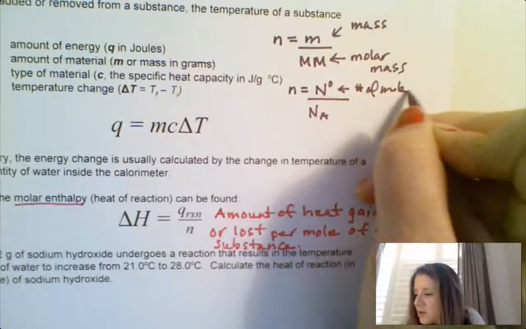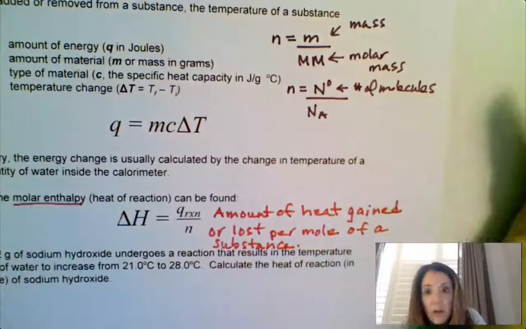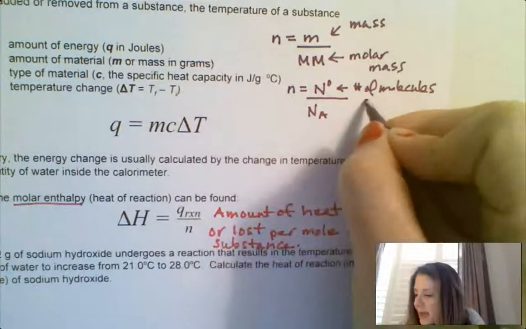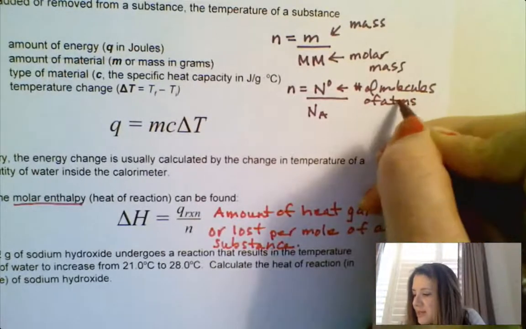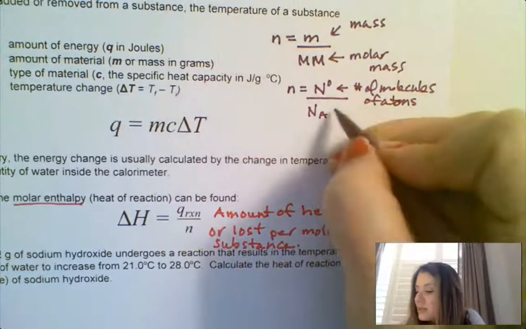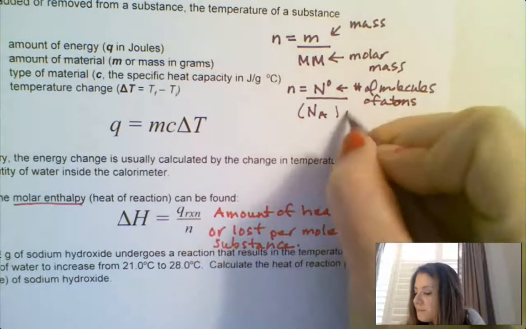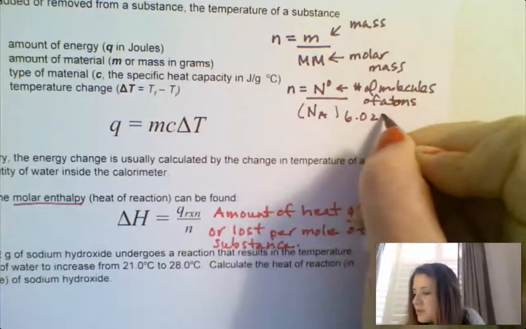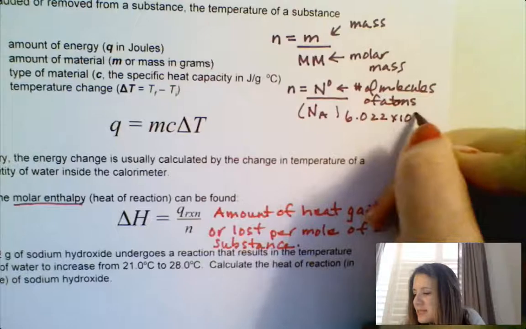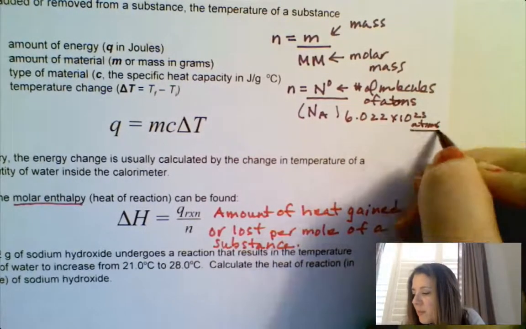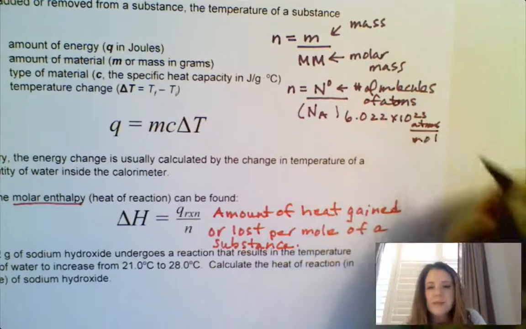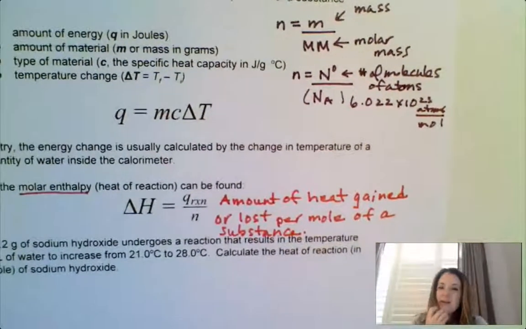When you divide by Avogadro's number, you'd want to put that into brackets. That is 6.022 times 10 to the 23, and that would be atoms or molecules per mole of a substance. Okay, so that's how many you have.